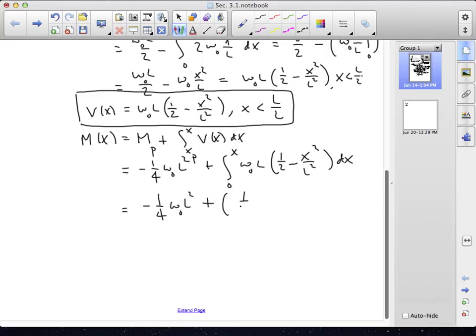We have 1/2 W0Lx minus 1/3 W0 x cubed over L between these limits. And that will give us a final result.